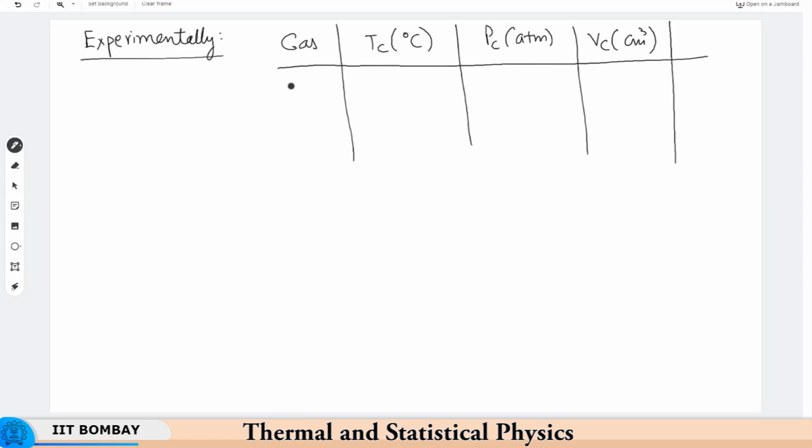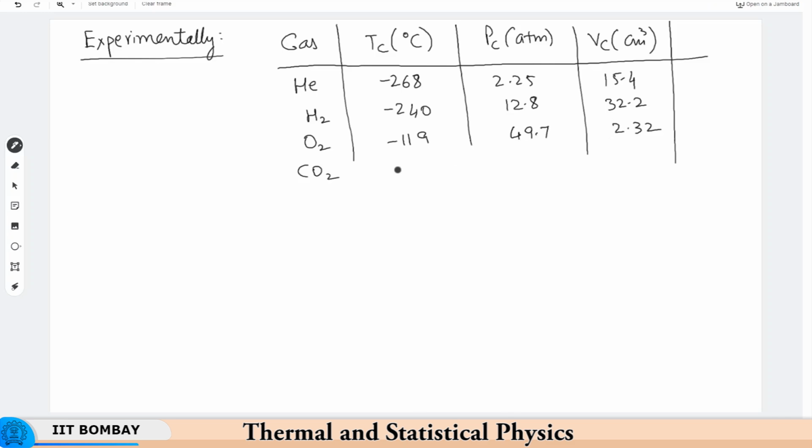So for example, for helium, hydrogen, oxygen, carbon dioxide, right? So we saw this is minus 268, 2.25, 15.4, minus 240, 12.8, 32.2, minus 119, 49.7, 2.32, and 31, 72.8, 2.17.